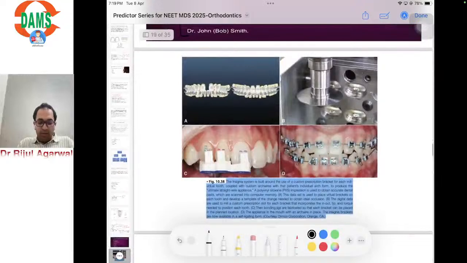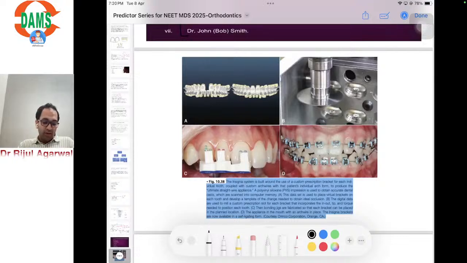Okay, and this is the insignia system. Insignia systems are fully customized brackets. So what customization does occur? As we know from the pre-adjusted edgewise appliances, there are inbuilt tip and torque values, and every patient was conformed according to those preconceived tip and torque values as given by the companies, be it the MBT system, Damon system, any system.